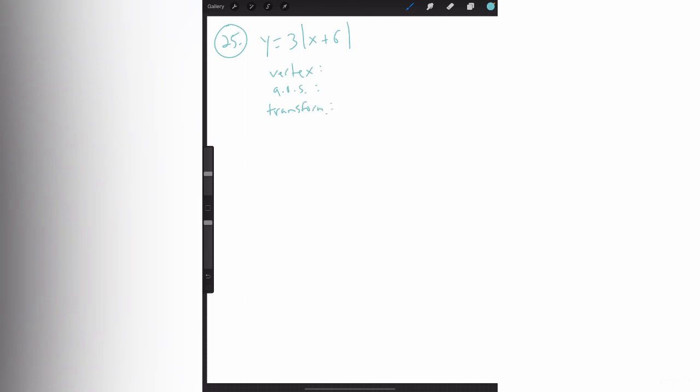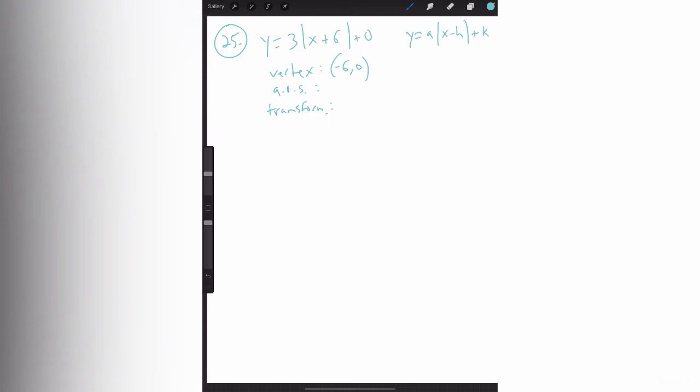Okay, so my vertex, remember, if I'm looking at this, y is equal to a times the absolute value of x minus h, plus k. All right, this is the equation I'm working with if I want to find the vertex. So I know my vertex is going to be negative 6, 0, because there is nothing out here, right?